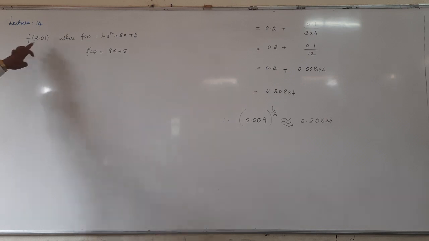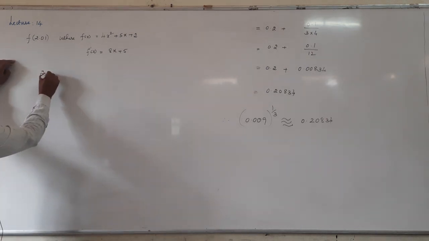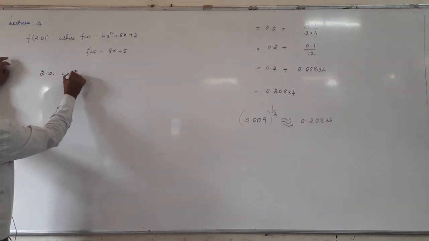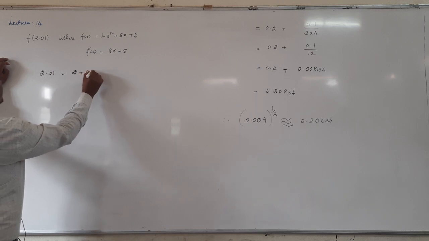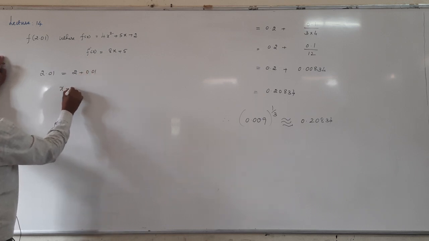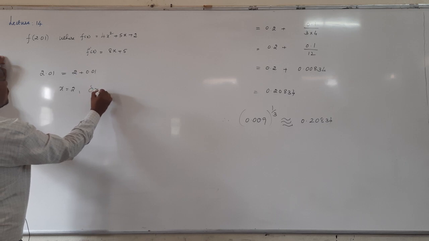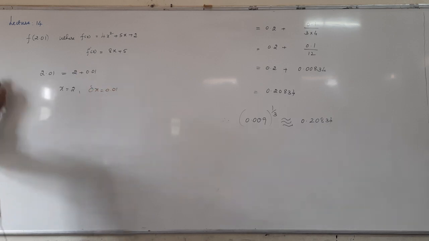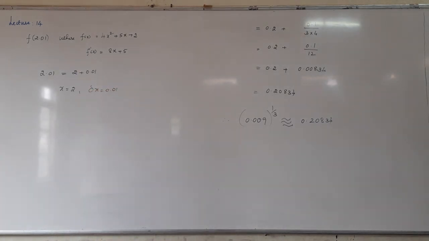In this case take this value. 2.01 can be written as 2 plus 0.01. Here x value is 2, delta x value is 0.01, right?